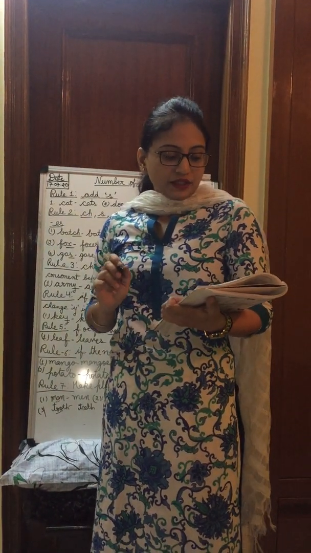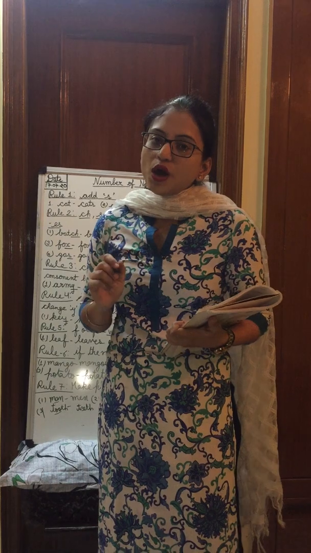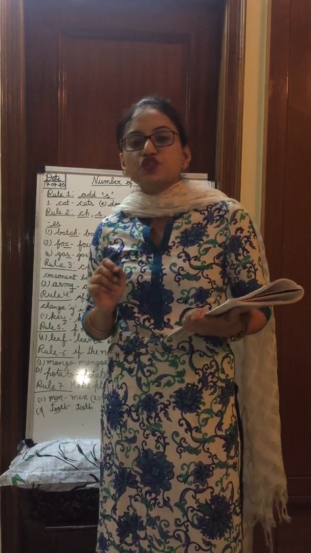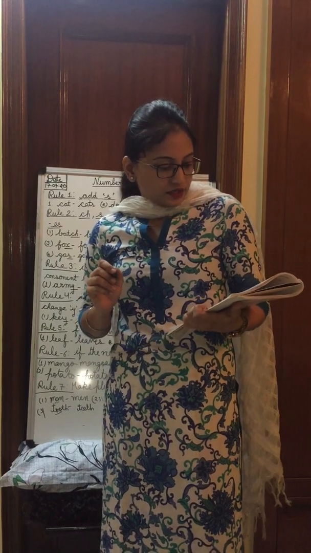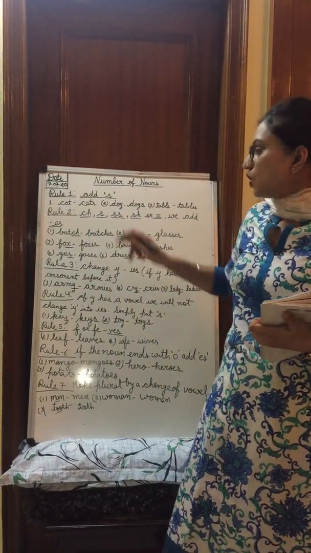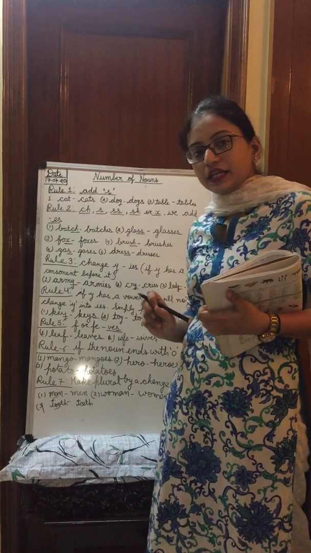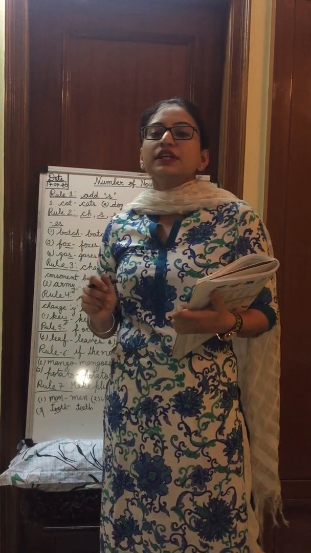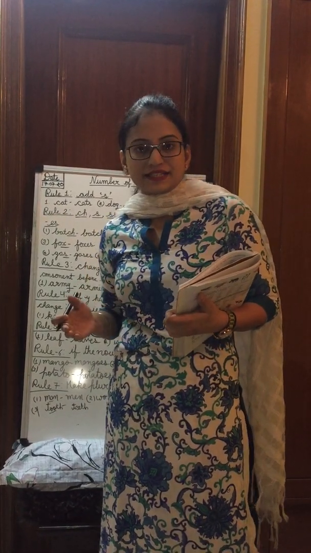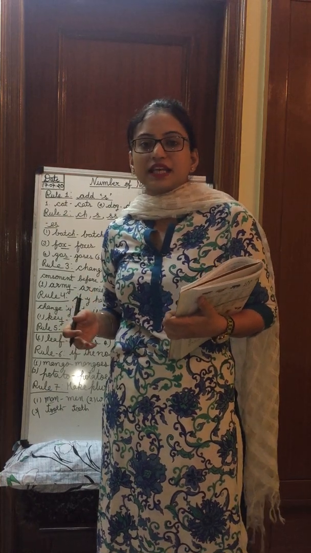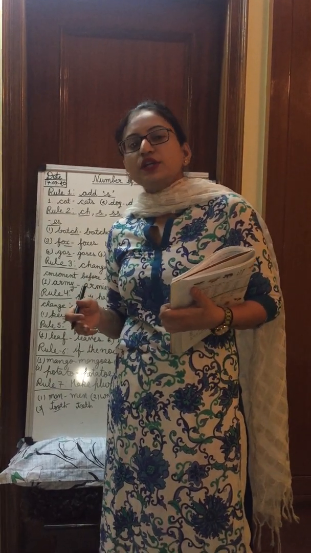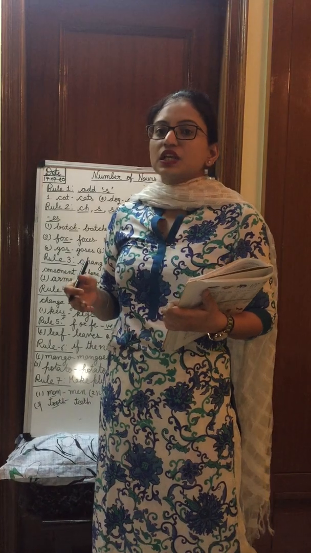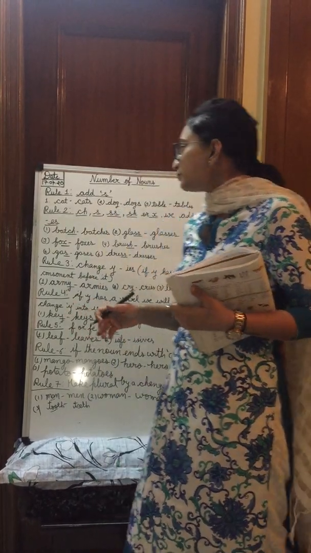But the plural of ox is oxen and child is children. Now we will revise all the rules once again, and after that I will give you some exercises. I will send you some exercises also so that you can practice singular and plural.